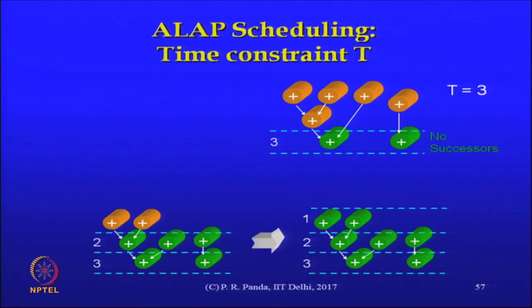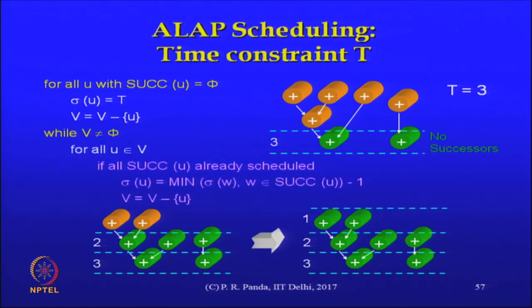The algorithm would also be very similar. That initialization step would now be applied on the nodes that have no immediate successors, and that T is what is specified there as the cycle into which we are scheduling it.